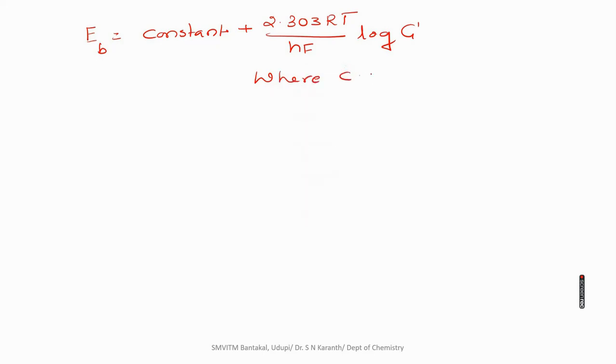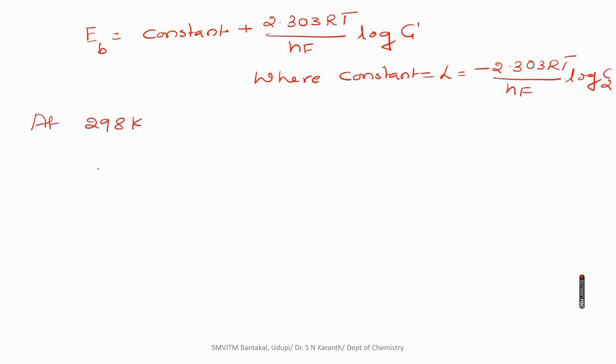We can write the constant as a term L, which is equal to minus 2.303 RT/NF log C2. And N is equal to 1, and we may represent it at 298 Kelvin.